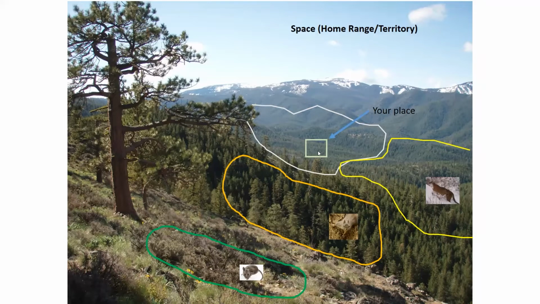But in that small parcel, you might have two whole home ranges of squirrels, and lots of the little stuff. So the details of those habitat features are most important for the smaller organisms that occur on your little puzzle piece on the landscape.